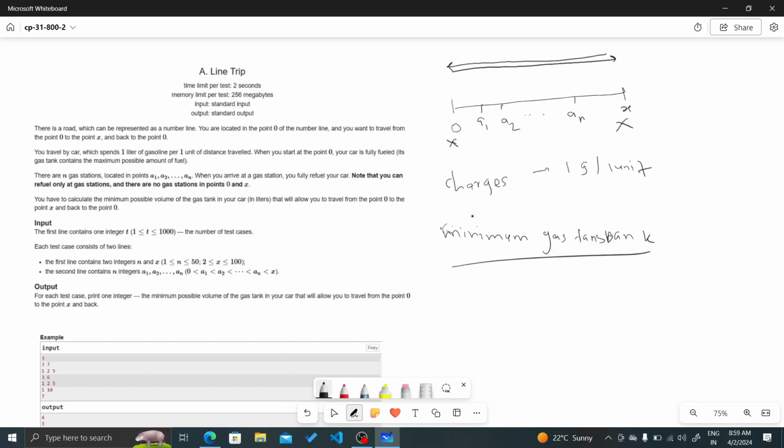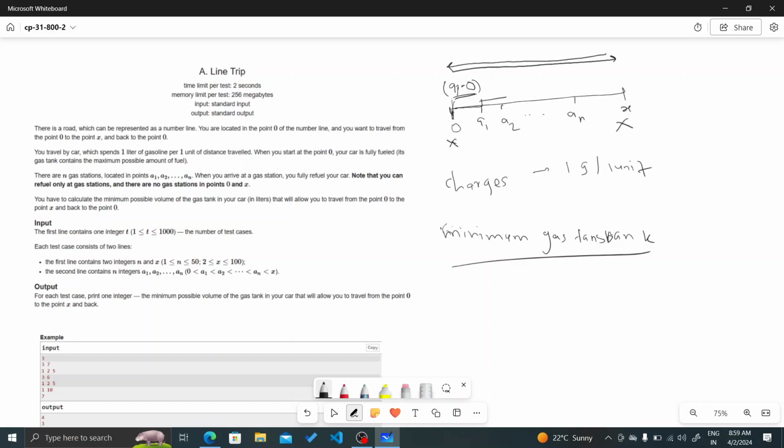So let's suppose we fueled our tank at the 0th position. So we should have at least A1 minus A0, that is A1 minus 0, size of tank because we have to travel the distance of A1 units from here. So at least A1.